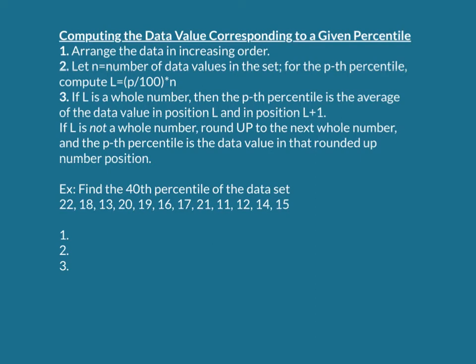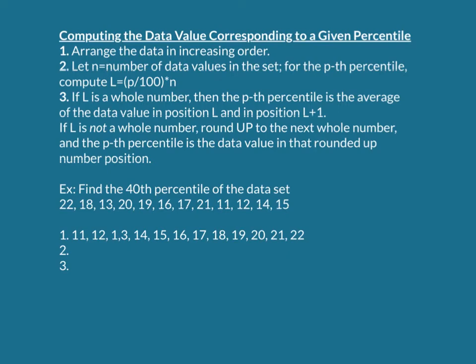So here's an example. Find the 40th percentile of the data set below: 22, 18, 13, 20, 19, 16, 17, 21, 11, 12, 14, and 15. And we have our 3 steps. The first step is to arrange the data in increasing order, which I've done here.